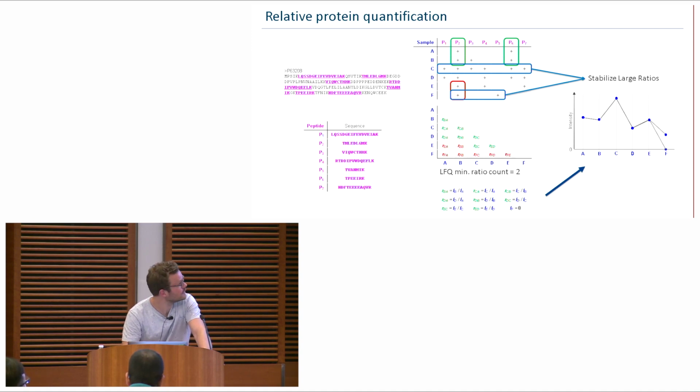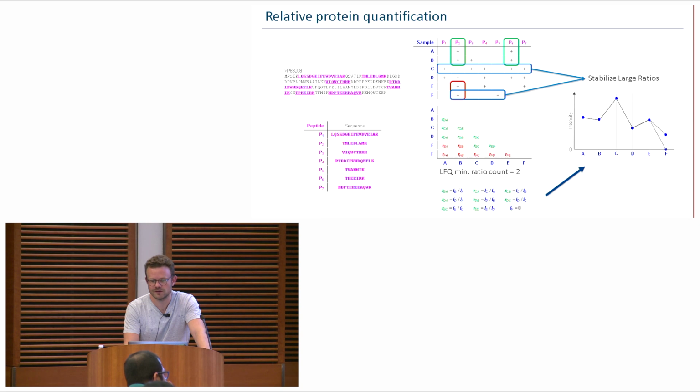Then you can still get a value, which is probably not as accurate as the other one. Okay, so now I think we are done.